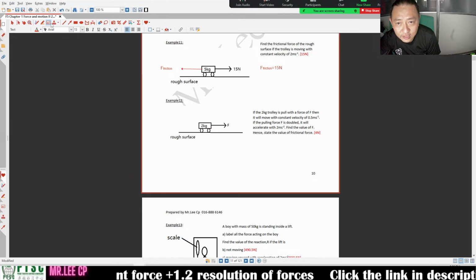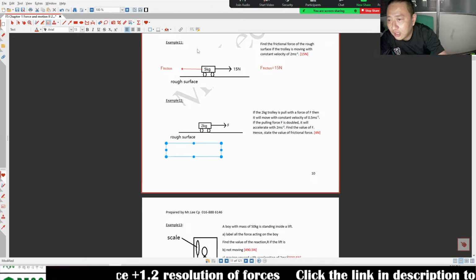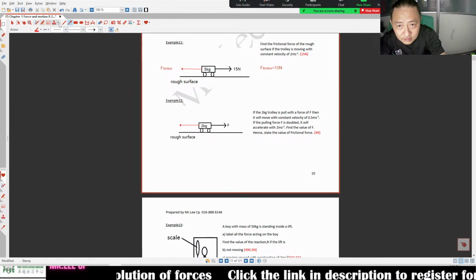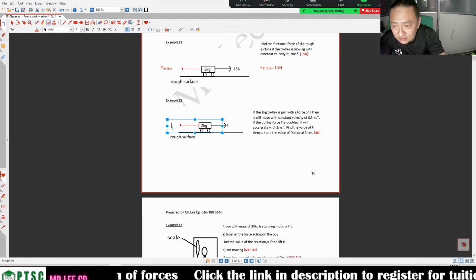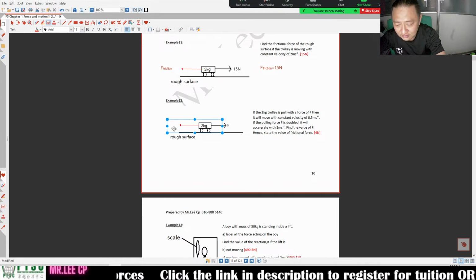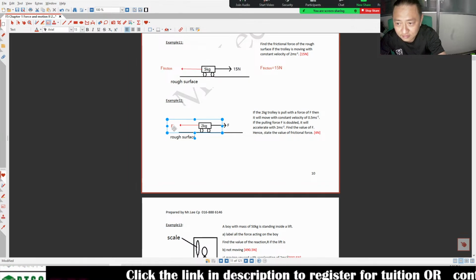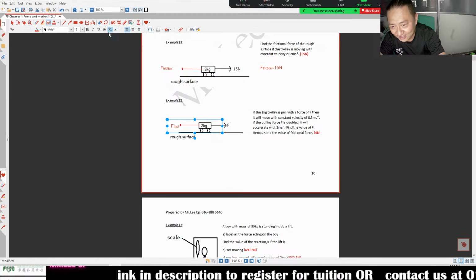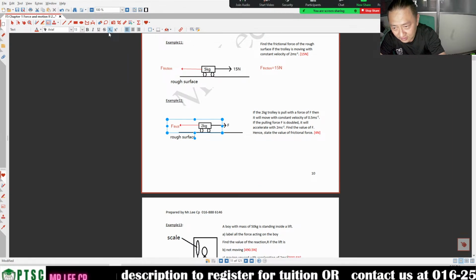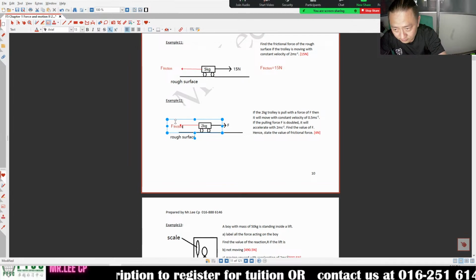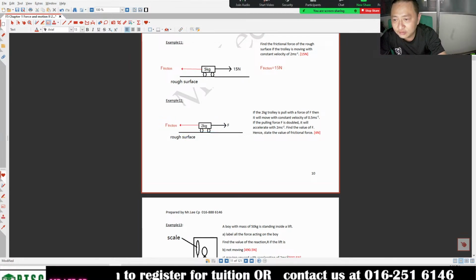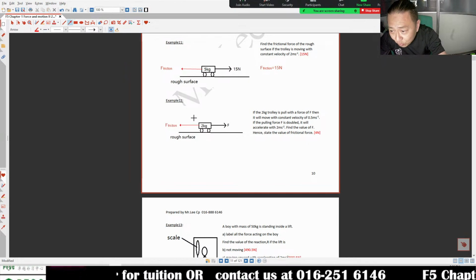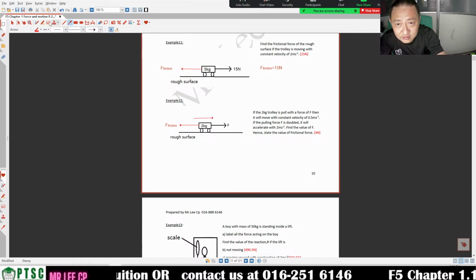Okay, we are going to do it together. So, now I label all the forces first. Here we got one friction, the frictional force. So if I pull with F, it will move with constant velocity.